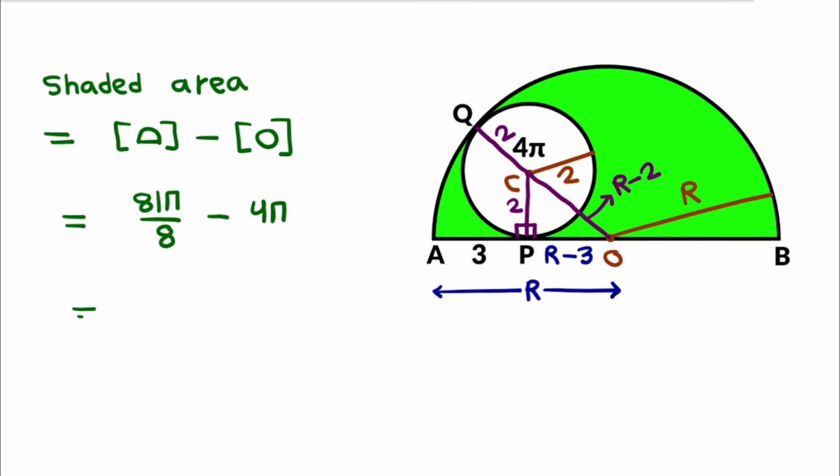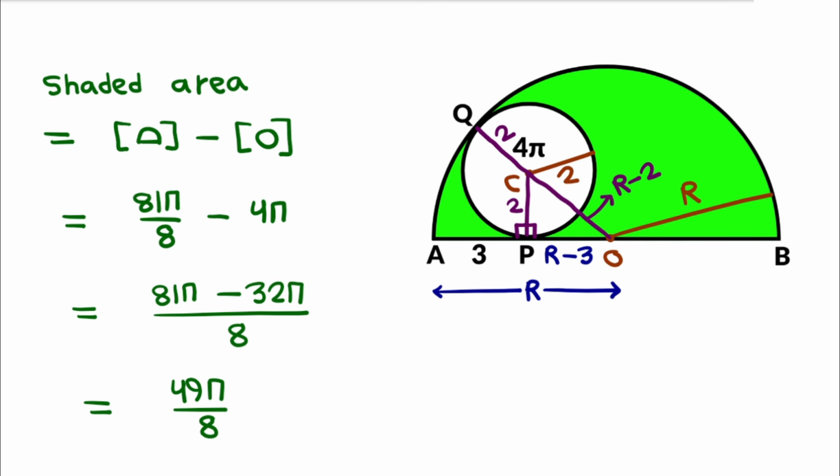Now subtract 81 pi minus 32 pi, all over 8, which gives 49 pi over 8. Therefore, the exact area of the shaded region is 49 pi over 8.